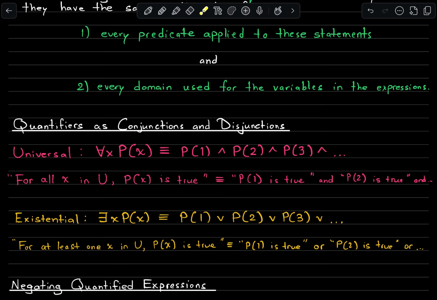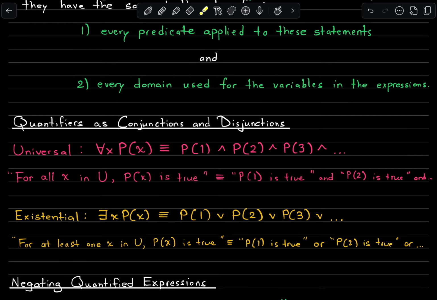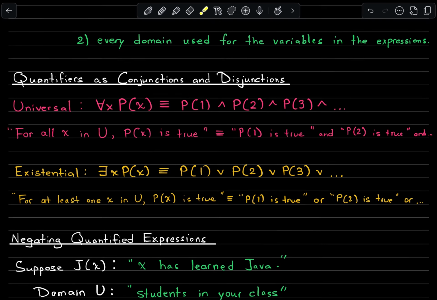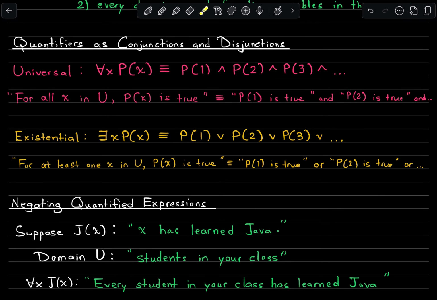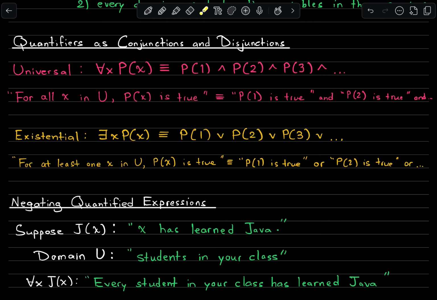And then the final thing we're going to talk about in this video is negating quantified expressions. So let's look at the following example. Suppose we've got this propositional function J of x, and it means x has learned Java. Our domain U here is just going to be students in your class.